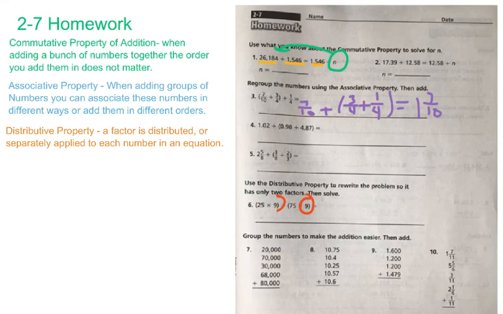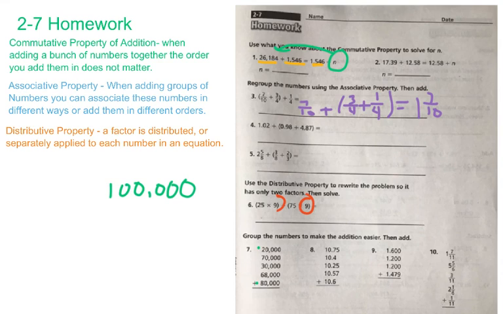So if we look at number 7, you can see that we have 20,000 plus 70,000 plus 30,000 plus 68,000 plus 80,000. Well, if you are going to group the numbers in ways that make it easier for you to add these together, if you added your 20,000 to your 80,000, that gives you 100,000.